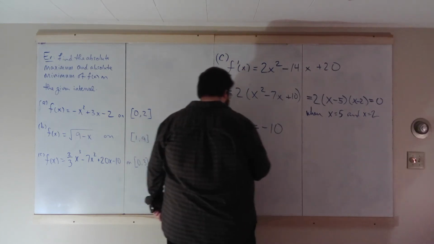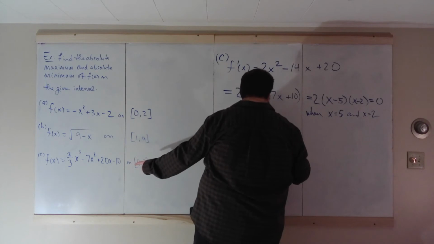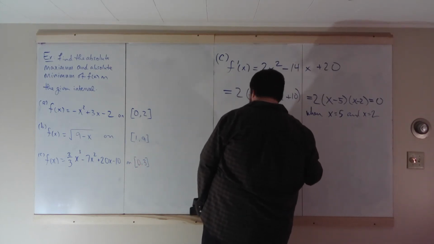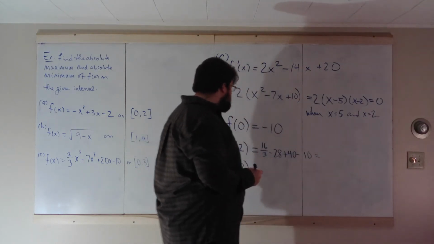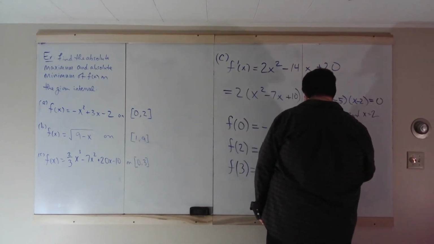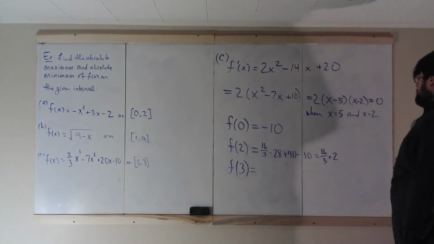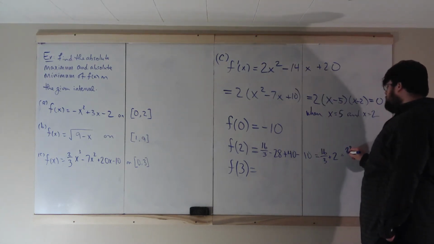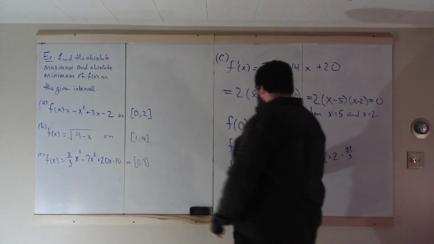F at 2 is what? 16/3 minus 28 plus 40 minus 10. So what is that? 16/3 plus 2. 22/3. Sometimes I turn these into mixed numbers if we get a strange number here.